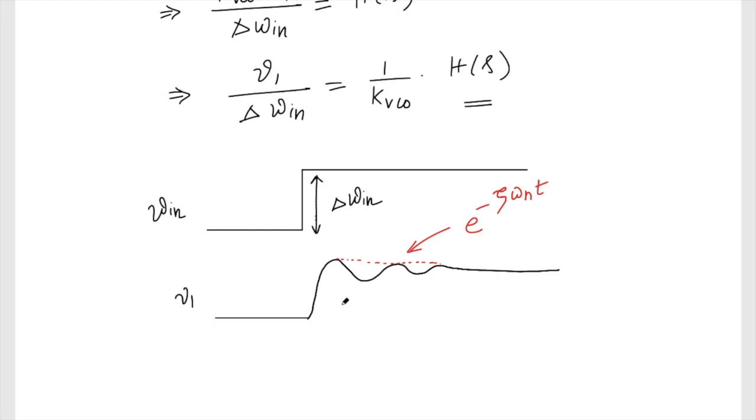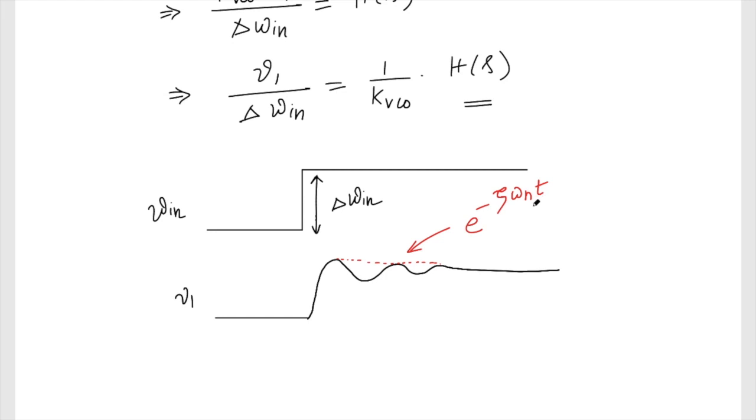So the exponential decay, again, this is from standard control system theory: there is an exponential decay in this ringing, especially for the underdamped response, and the decay is governed by e to the power minus eta omega n t.